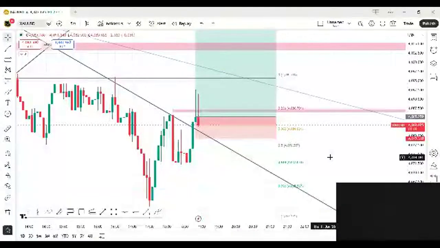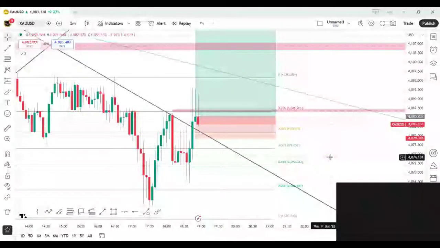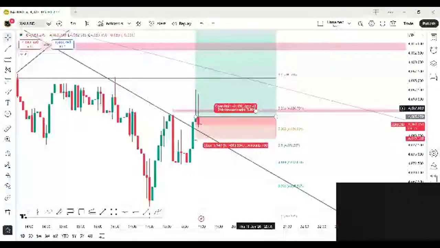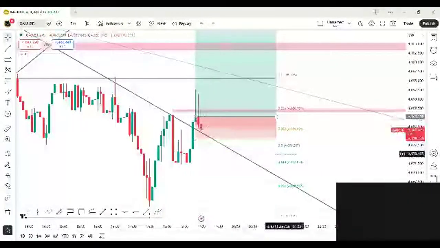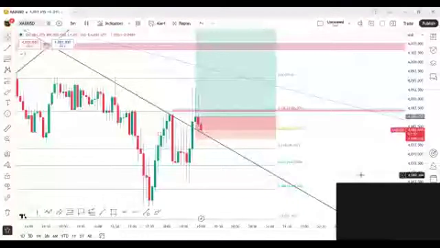Let's see. The market is pushing downside, and this is what I was unfortunately waiting for. But maybe we will get a little push towards the upside. A push above this area would obviously lead the market towards bullishness.